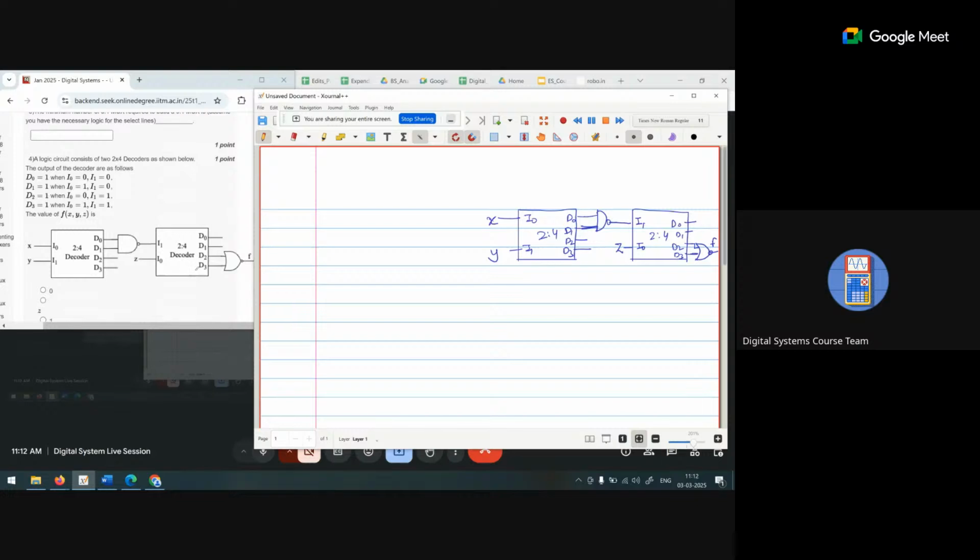Okay, so the outputs of the decoder are as follows, D0 is equal to 1. This is the truth table.